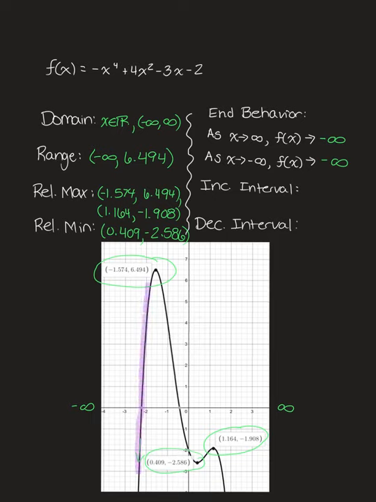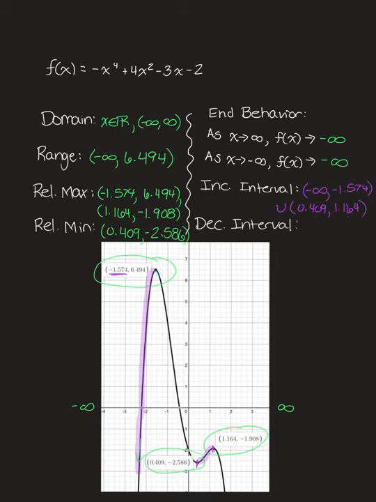There's this section here, and then this little section here. That first section starts from negative infinity, and it goes all the way until this x value, negative 1.574. Again, you connect them with a union symbol. That second interval is between these x values, 0.409 and 1.164.